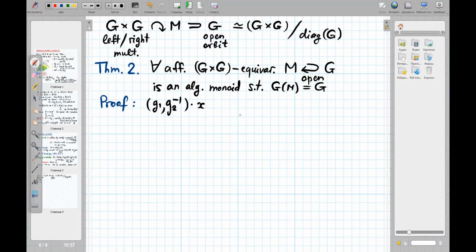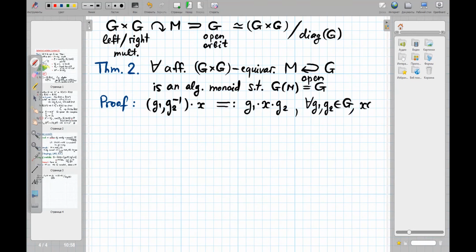Oh, yes, of course. From the connectedness of G. Oh, I see. It's because of connectedness of G. Yeah. So consider the action of any pair of this kind, G1, G2 inverse, on any element of M. And let us denote this action as multiplication. So by definition, we assume that this action is denoted in the following way. G1 dot X dot G2. This is just a notation. For any G1, G2 in G.